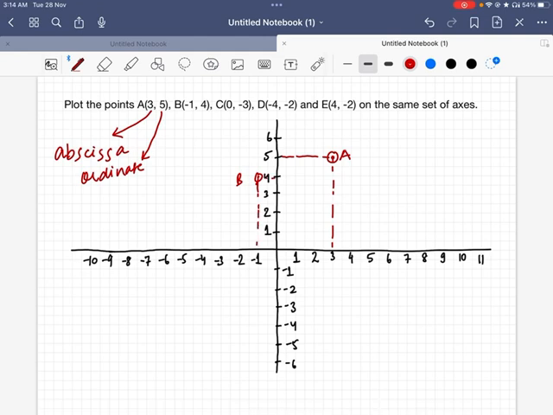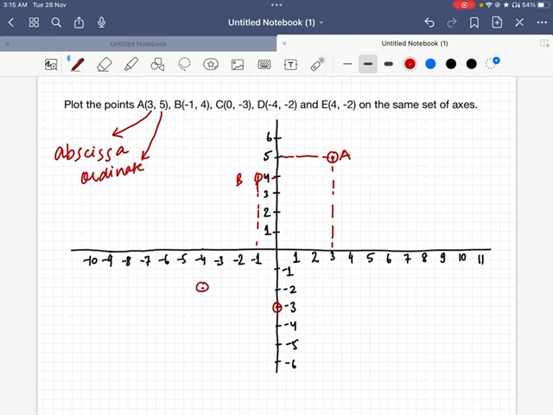Next is C, 0 comma minus 3. You can see that the x value is 0, the y value is minus 3. Because there is no x point, there is no horizontal movement. Then you've got minus 4 and minus 2. So minus 4 is on the x-axis, but we have got minus 2 on the y-axis.